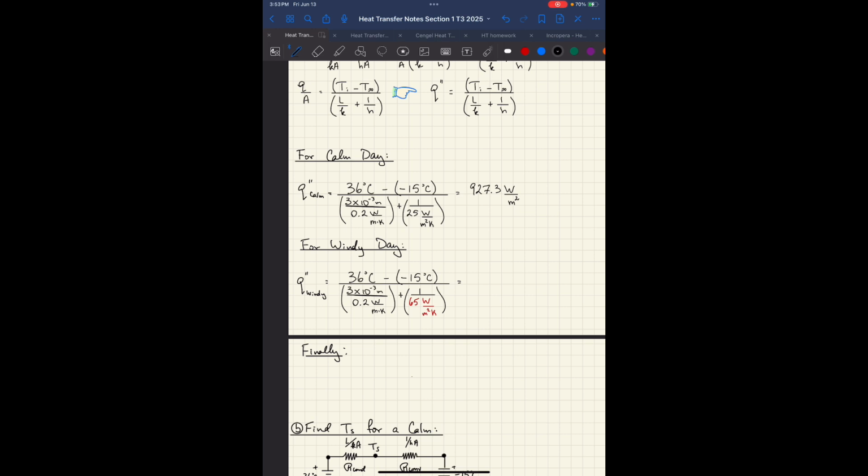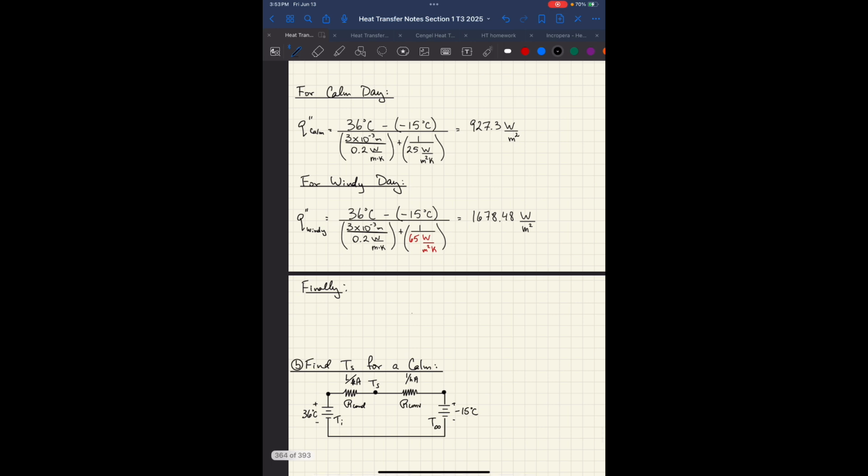You crunch the numbers, and you should get 1678.48 watts per meter squared, which makes sense, right? On a windy day, you feel colder, because of the increased turbulence. So it makes sense.